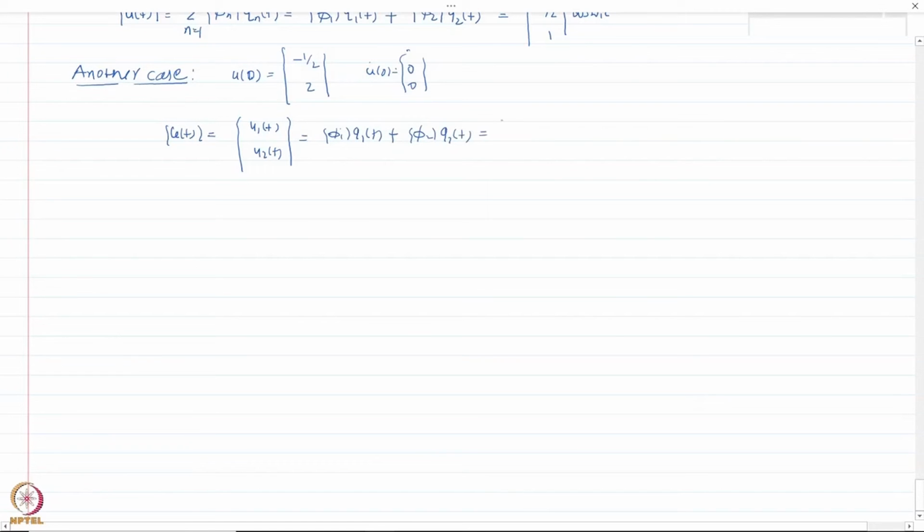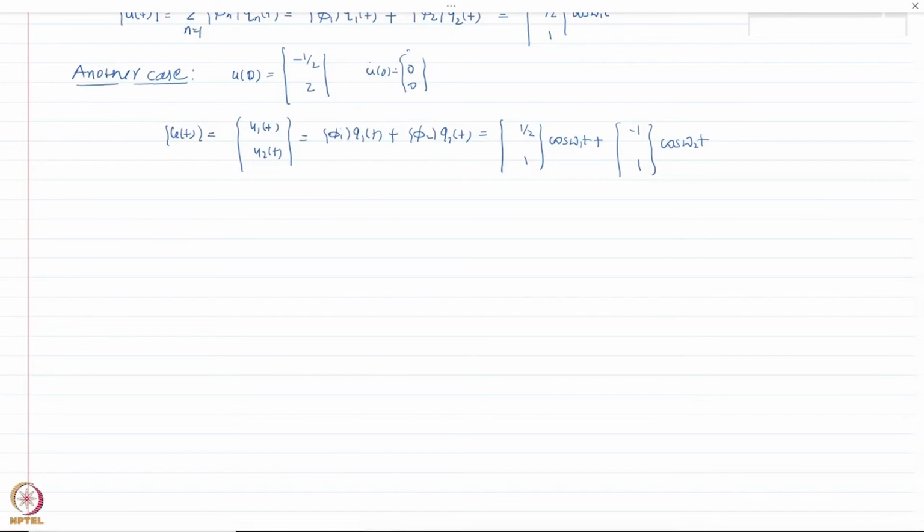So this we get as half times [1/2, 1] cos omega 1t plus [-1, 1], the second mode shape, times cos omega 2t. So this is the response for the second case.